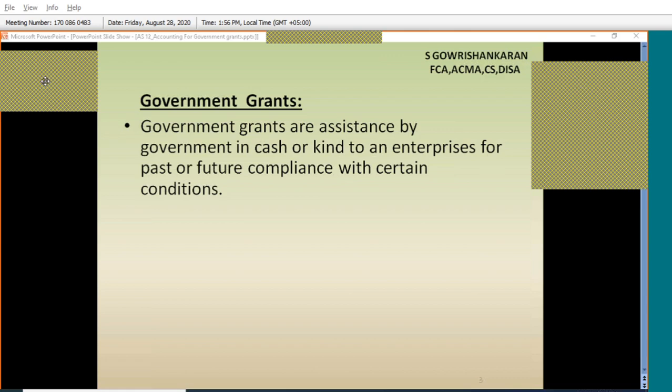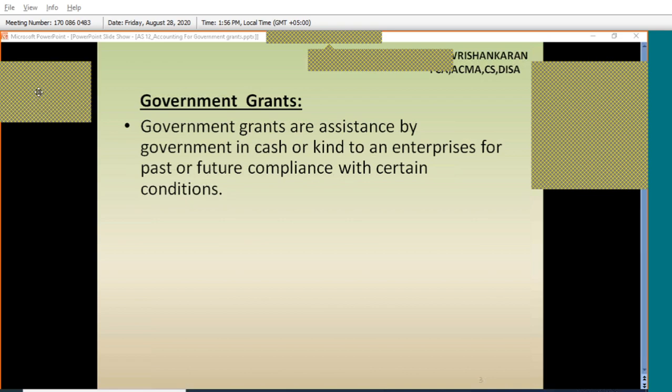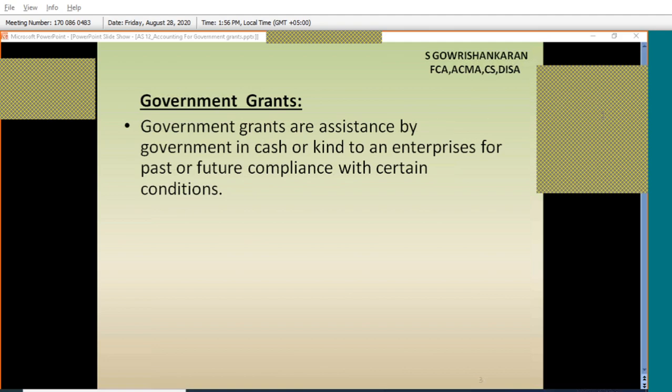You are able to see only presentation or any other thing, like I have some chat box here. Only presentation, correct? Okay. Then fine.